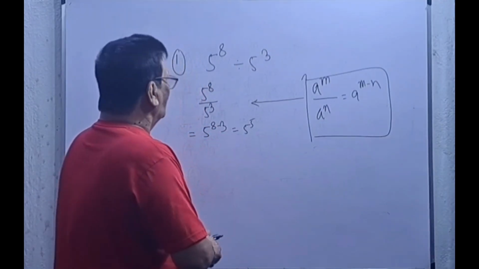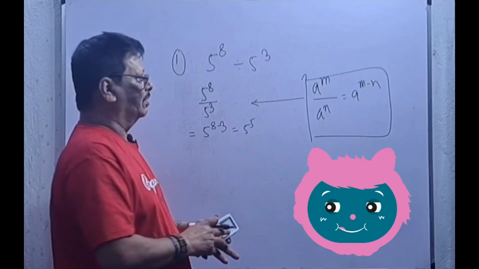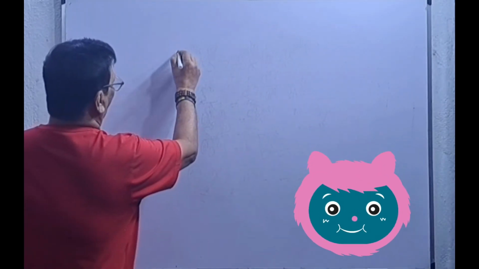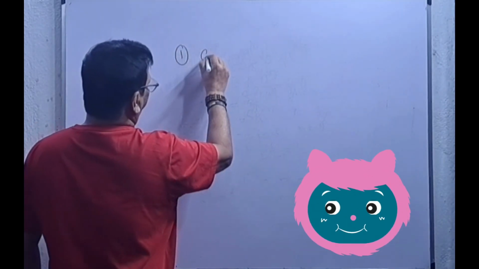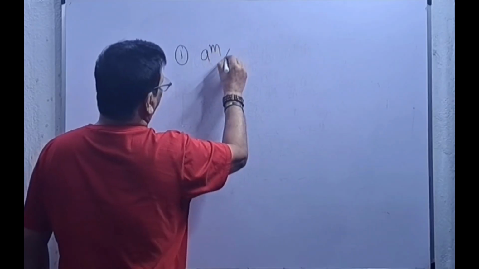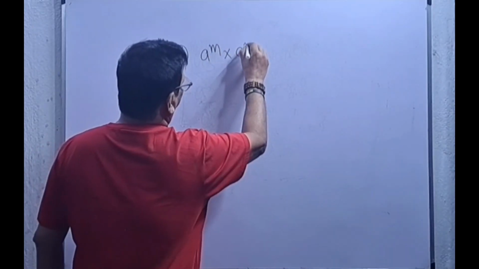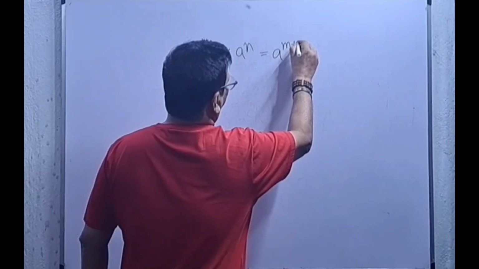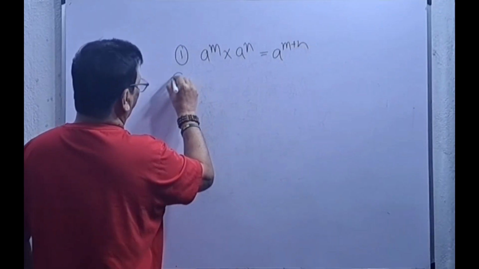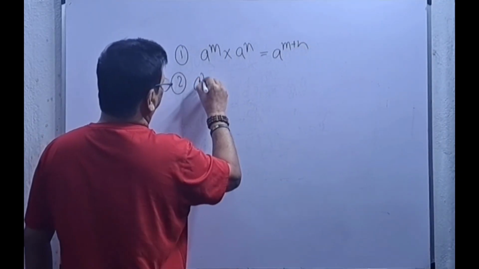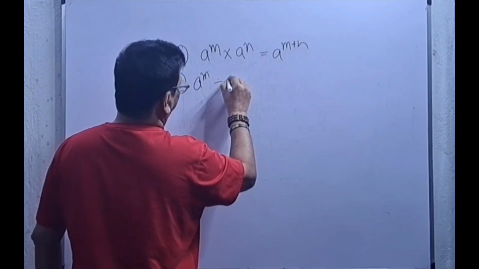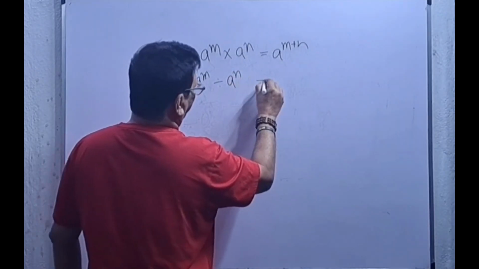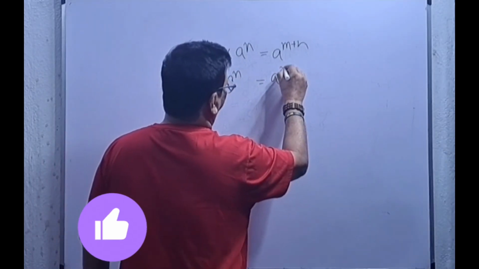Now we will mix these two laws. We know that number one, a to the power of m multiplied by a to the power of n is equal to a to the power of m plus n, and 2, a to the power of m divided by a to the power of n, directly I can write a to the power of m minus n.